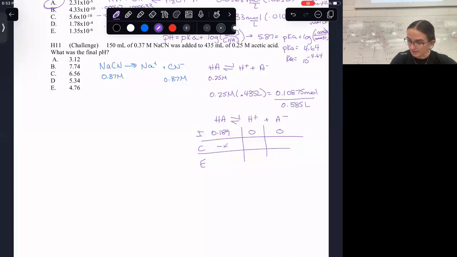Change is still minus X, plus X, plus X. Ka for this is 1.8 times 10 to the negative 5. And then you can use the assumption here. So this is X squared over 0.189. And X becomes a value I didn't write down, maybe.